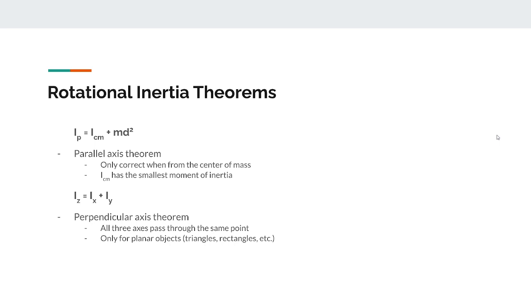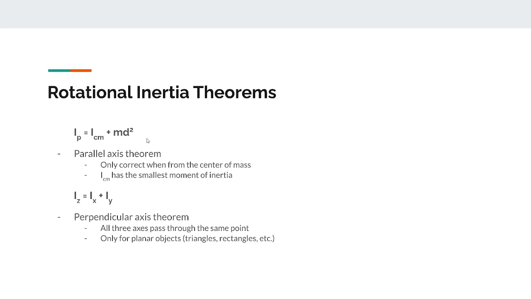For the parallel axis theorem, the moment of inertia is equal to the moment of inertia about the center of mass plus the distance from the center of mass to the axis the object is actually rotating on, squared, times the mass.